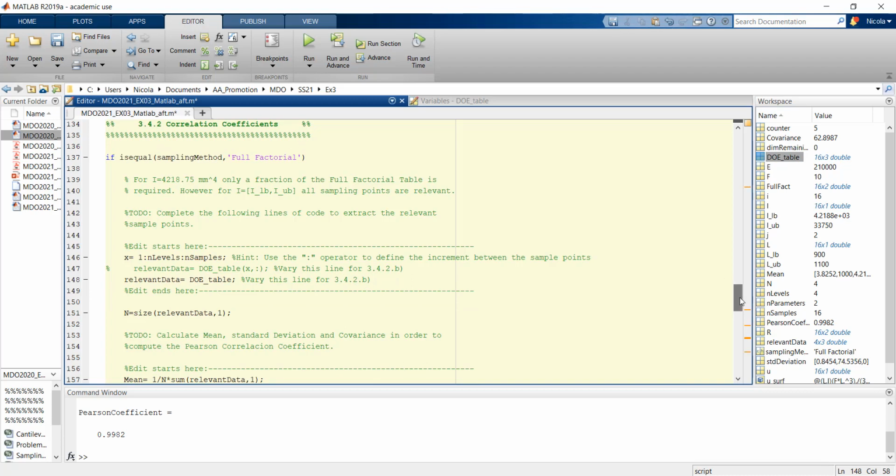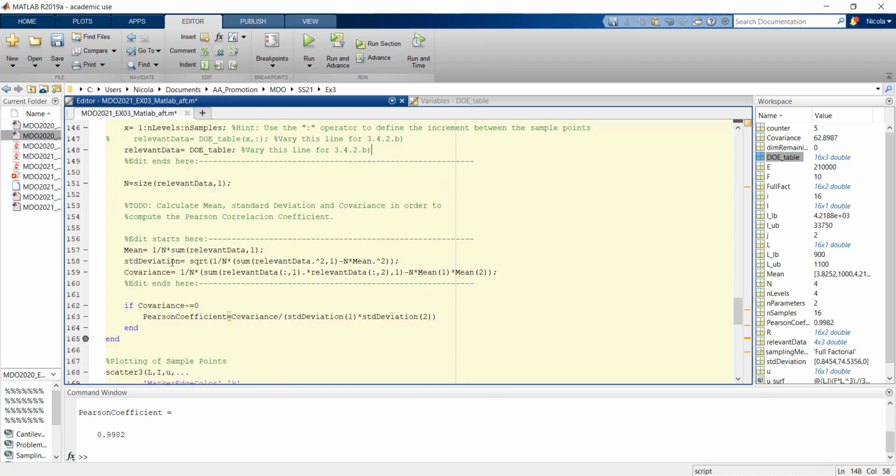Why don't we have to change the formulas here? Because even though we use different points for the inertia, we still want to compute the Pearson correlation coefficient between U and L, so that didn't change.